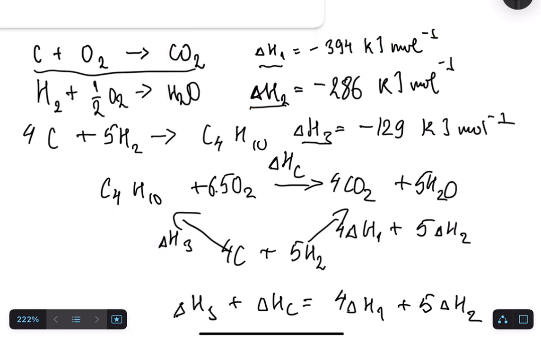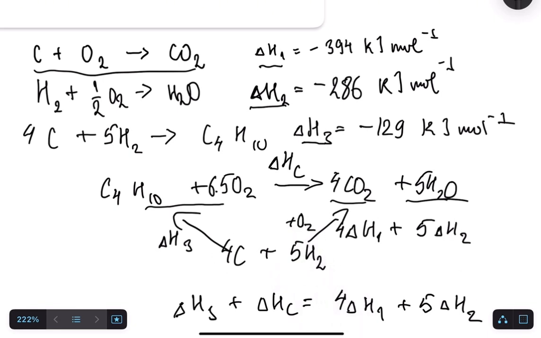C4H10 plus O2, it is combustion, and carbon dioxide and water are formed. And we should balance the equation by writing 4 in front of carbon dioxide and 5 in front of water. And it can both form CO2 by adding oxygen, and water here.